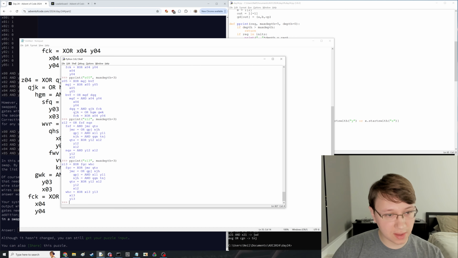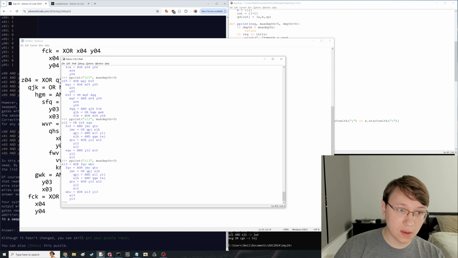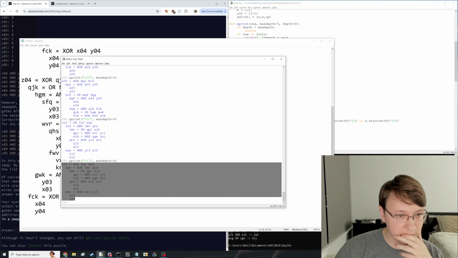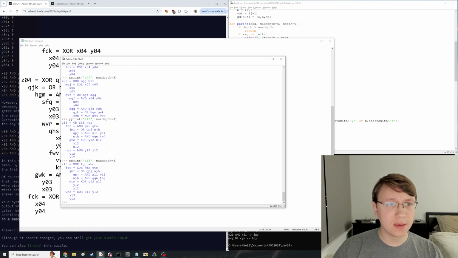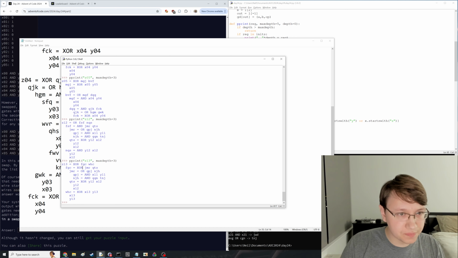So what is Z13 looking like? No, Z13 looks reasonable. Okay, so what is it getting its carry from? The carry here is this thing. It's the OR of two things.